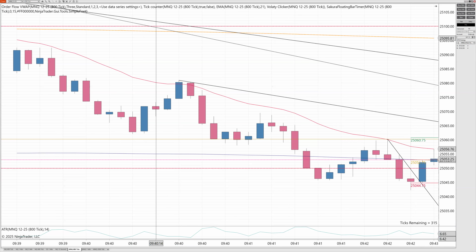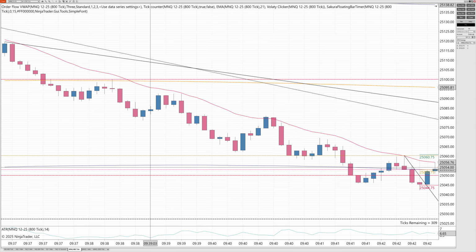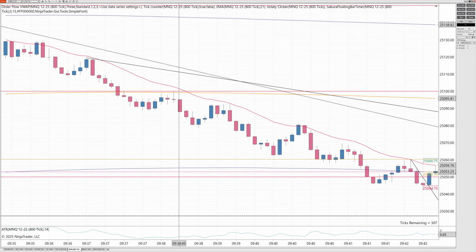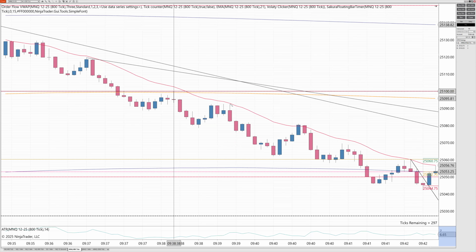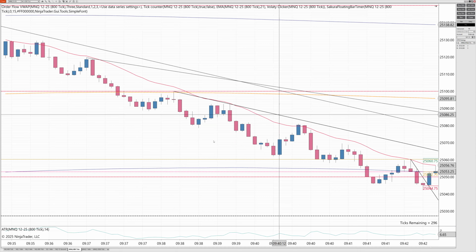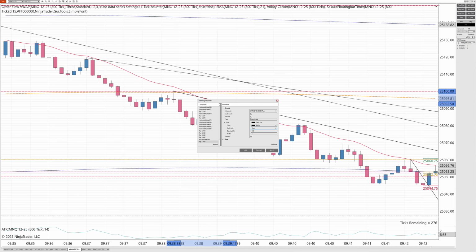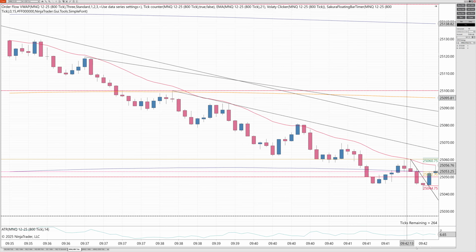If we zoom out, actually, you probably want to start connecting some of these zones. Start connecting the swings. So here's two swings right there. It could potentially act as resistance in the future.